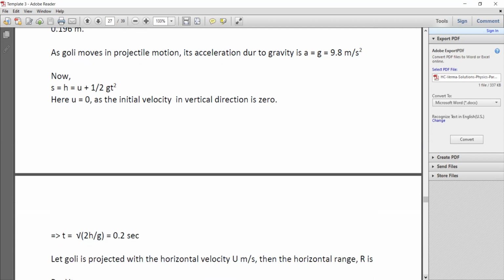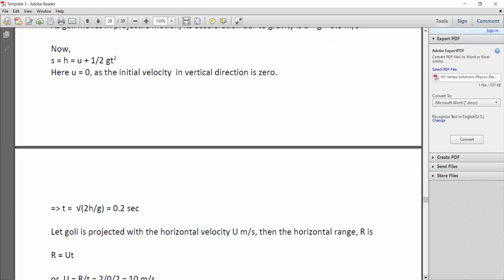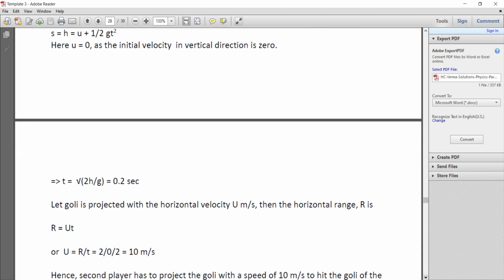As the goalie moves in projectile motion, its acceleration due to gravity is a = g = 9.8 meters per second squared. Now, S = h = ut + 1/2 gt squared. Here u = 0, as the initial velocity in the vertical direction is 0. This gives t = square root of 2h by g = 0.2 second.